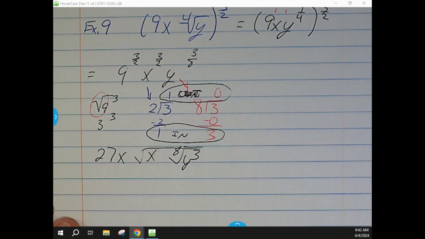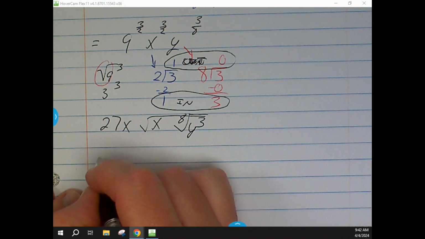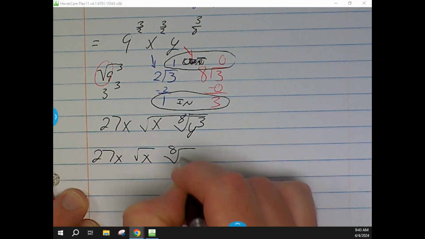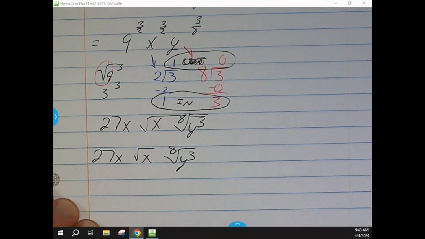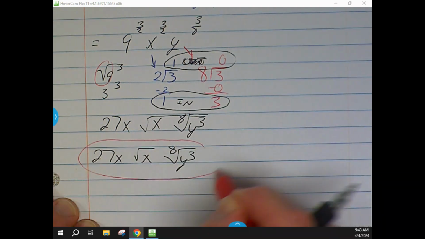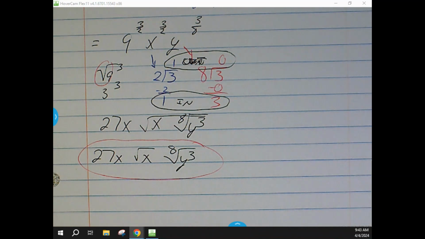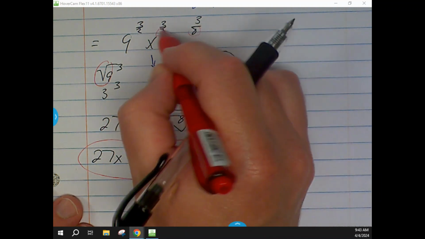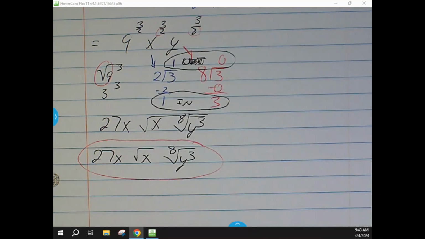To clean it up, it's the square root of x and then the eighth root of y to the third. Most of the time we were able to combine those if it was the same radical, but because those are different denominators, they're going to stay separate as you move through these.